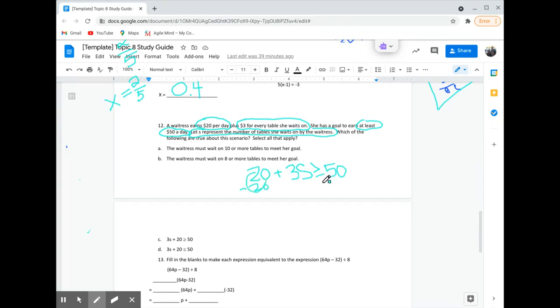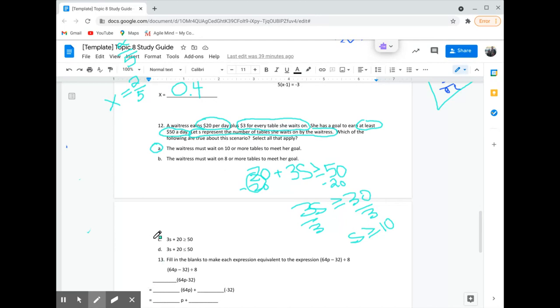We make a zero pair. We're left with 3s is greater than or equal to 30. We divide by 3. And so we're left with s is greater than or equal to 10, just like Emma said. So A works.